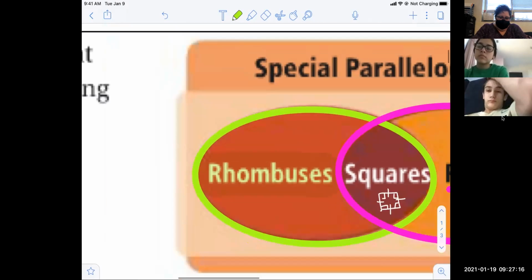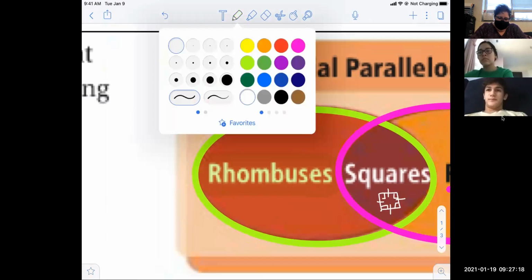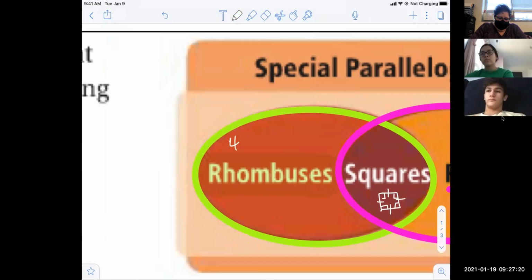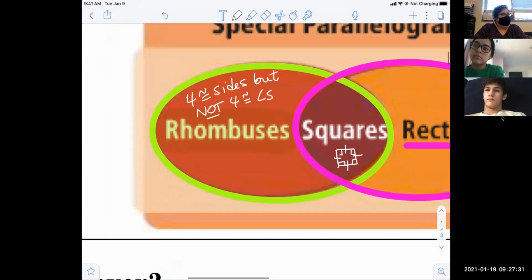Okay, these out here will have 4 congruent sides. How do you know that they will not have 4 congruent angles? They're not squares.